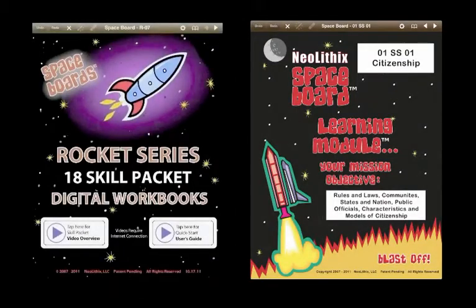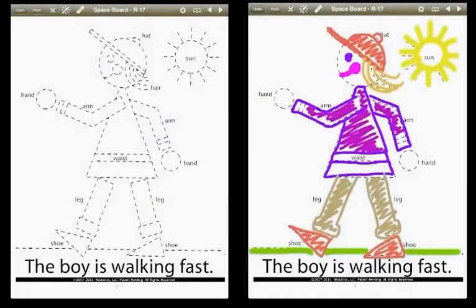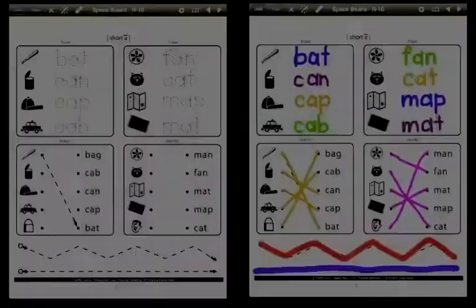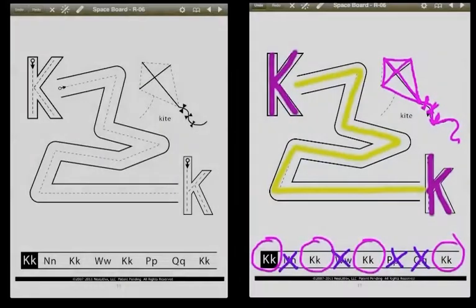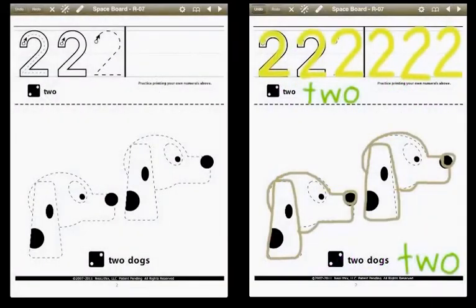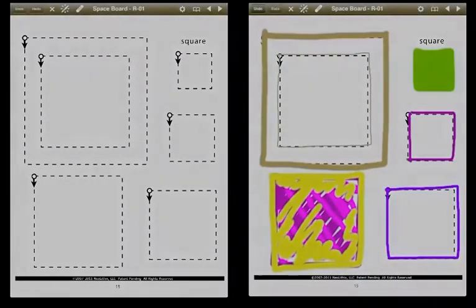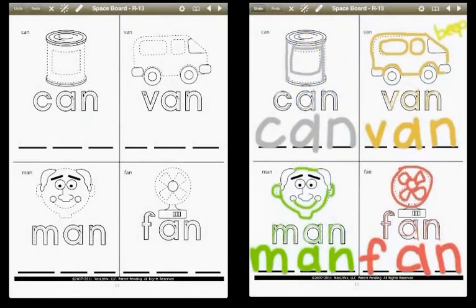First, we'll go over the difference between skill packets and learning modules. Basically, pre-K and kindergarten skill packets focus on the basics: visual motor integration, directionality, matching words and pictures, writing alpha and numeric characters, drawing and recognizing geometric shapes, word families, onset rhyme, and so forth.